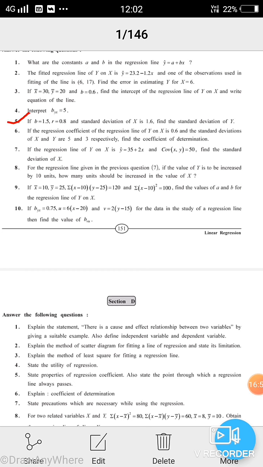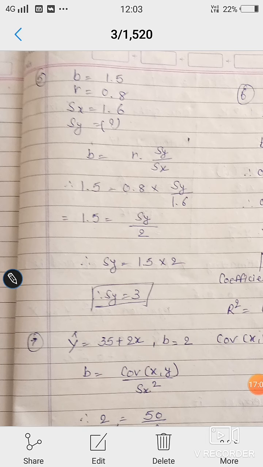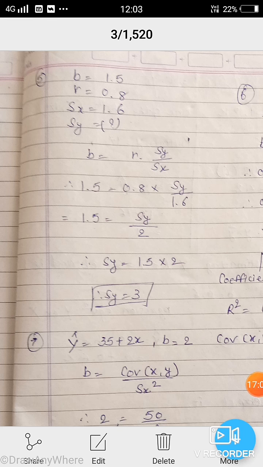So that is byx is equal to 5. Sum number 5 now. If b is equal to 1.5, r is equal to 0.5 and the standard deviation of x is 1.6, find the standard deviation of y. Now see here, b is given, r is given, standard deviation of x is given. We have to find the standard deviation of y.